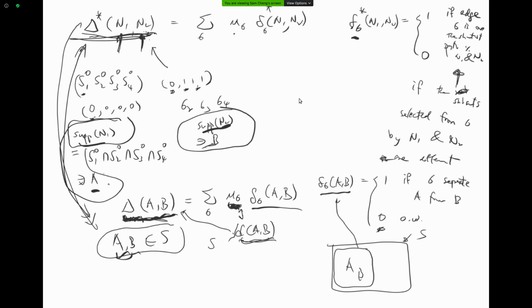His idea is the following. Say I have a base set S, and a sigma, which is a partition of this set, so it contains two subsets.